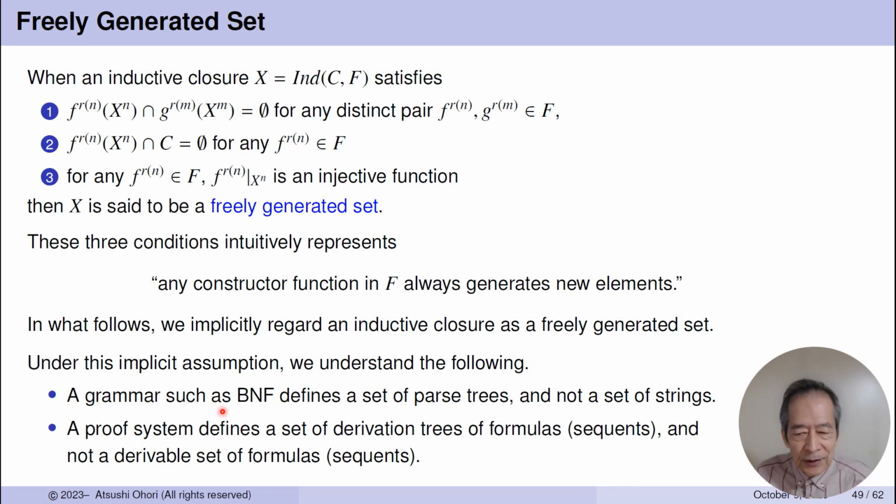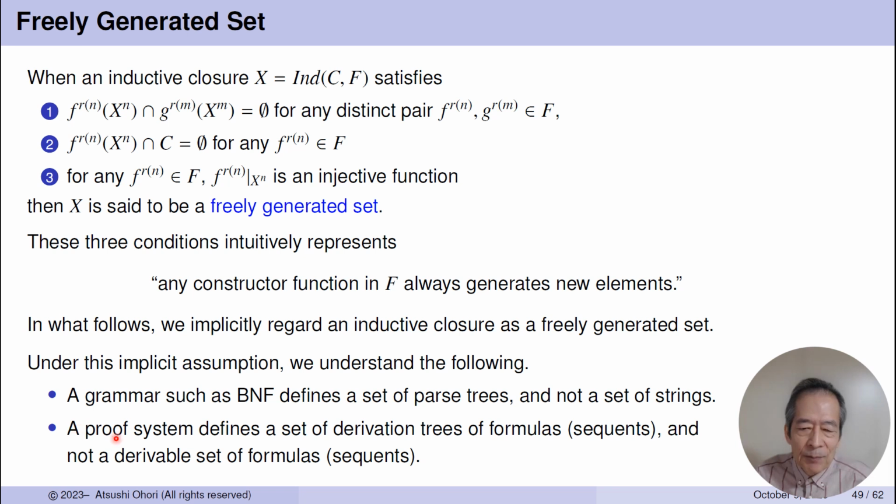A grammar such as BNF specification defines a set of parse trees, not a set of strings. Sets of strings are often ambiguous, whereas with a set of parse trees, each element completely determines the syntactic structure.